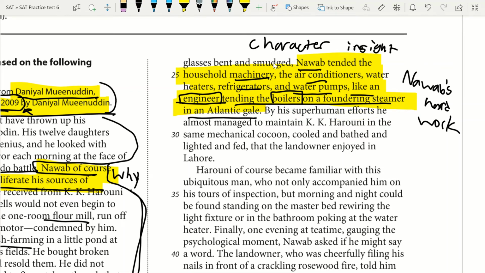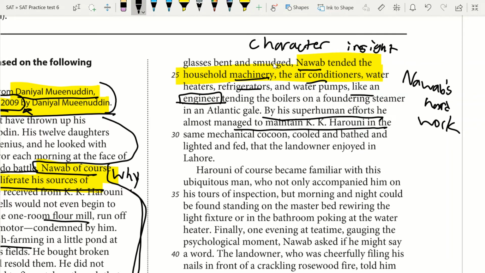So I'm going to erase this real quick so you can see it better. Right here: by his superhuman efforts, he almost managed to maintain Haruni in the same mechanical cocoon, cooled and bathed, lighted and fed, that the landowner enjoyed in Lahore. We know Lahore was that city that he lives in most of the time, and he only comes to the country a little bit, but by Nawab's superhuman efforts, he's able to keep him in that same mechanical cocoon.